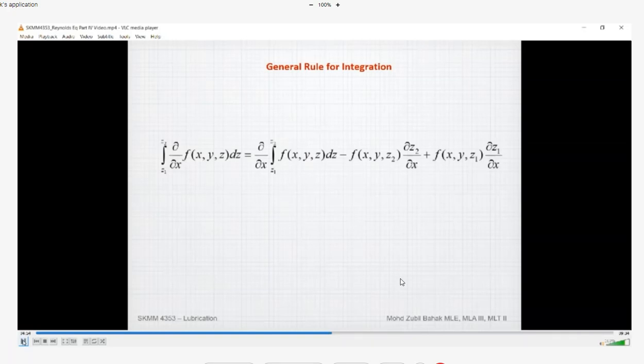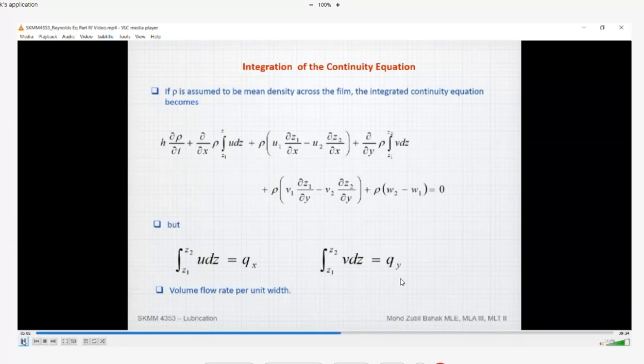Then we use this product of integration in the continuity equation in integral form. From there, we make the assumption that rho is the mean density across the film, and the integrated continuity equation becomes as shown there.